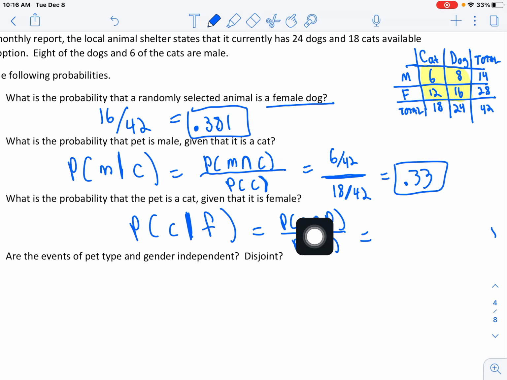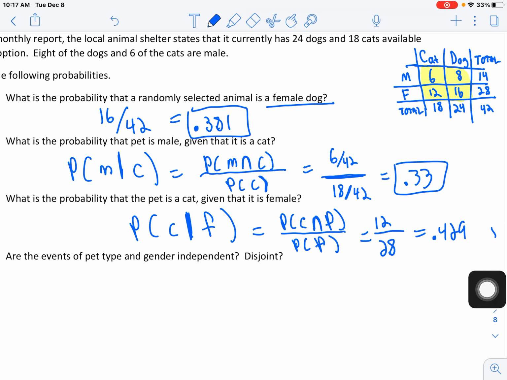So the intersection of cats and females, there's 12 out of 42. I'm just going to put 12 because I know the denominators cancel out anyway. And then the probability of being a female: in total, we have 28 females, cats or dogs. So 12 out of 28, we get 0.429.